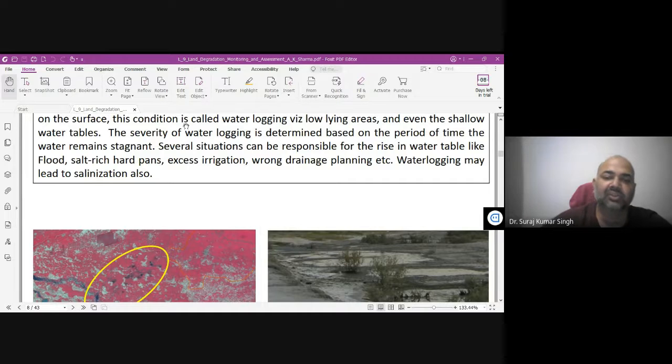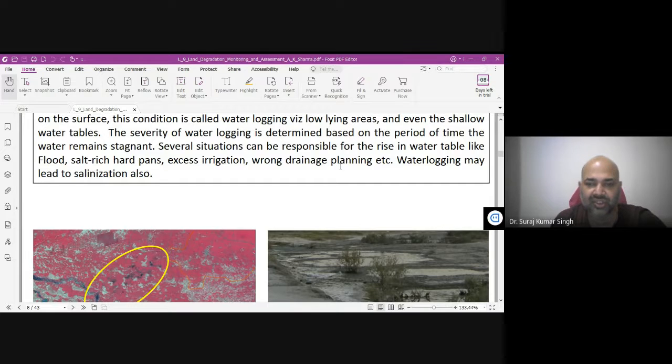The severity of the waterlogging is described based on the period of time the water is stagnant. If the flood water goes back within 2 days, there will be only a little damage to the land and the crops. But if the water stays in that area, it deteriorates the quality of the land.